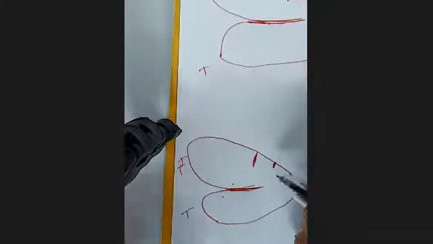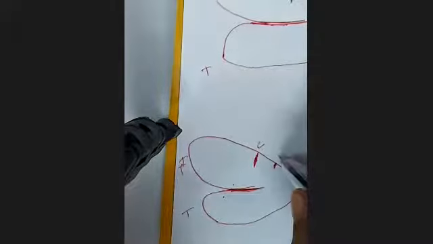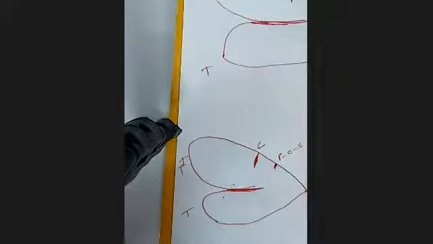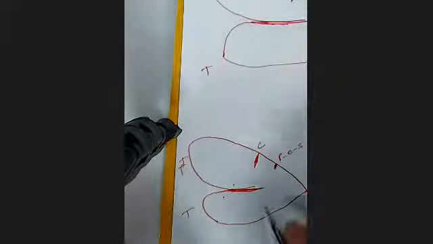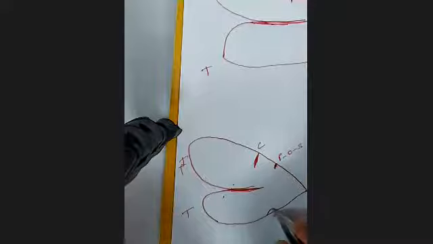Only a small part of it appears on the superolateral surface. So this is the central sulcus and this is the parieto-occipital sulcus. And down here is the pre-occipital notch.